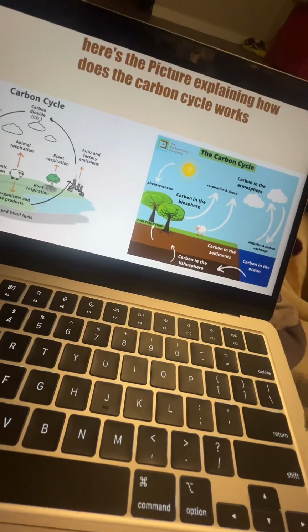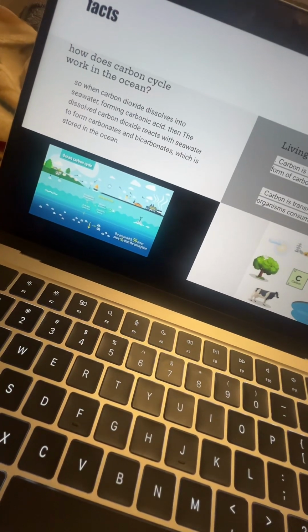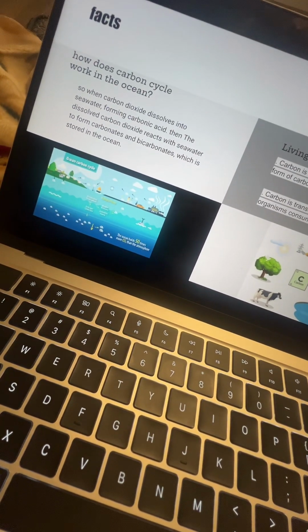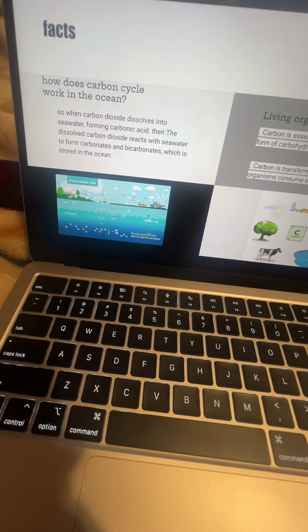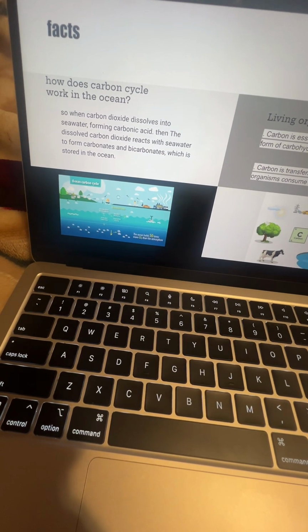So, facts. How does the carbon cycle work in the ocean? When carbon dioxide dissolves into seawater, it forms carbonic acid.